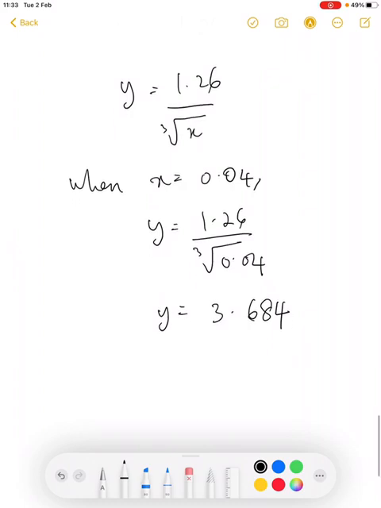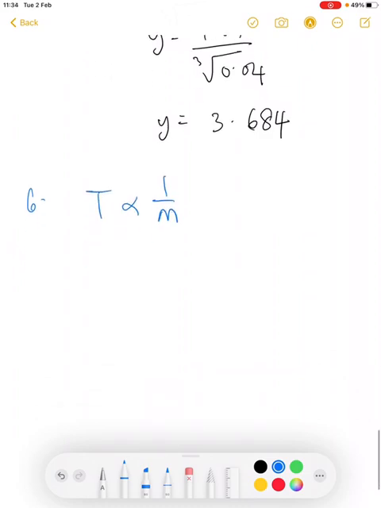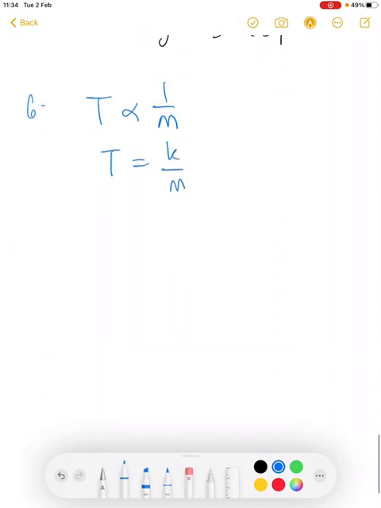And last one, question 6. Given that t varies inversely as m, so inversely 1 over m, t equals k over m. So we use the first column, m equals 6 and t equals 10. 10 times 6, k equals 60.